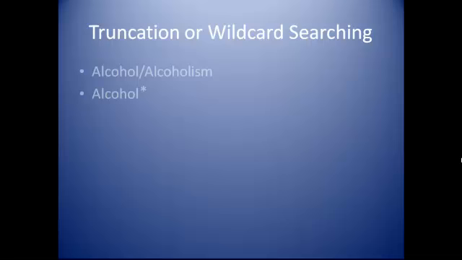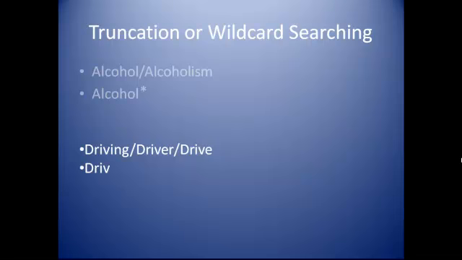Let's look at another example. The word driving could be driver or drive. In this case, if I use D-R-I-V-E with an asterisk, I would not get driving. Why? Because driving does not have an E after the V. They are the same for the D-R-I-V, but then they go in different directions.